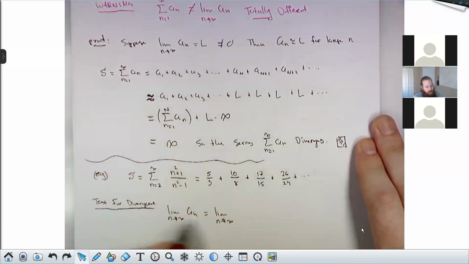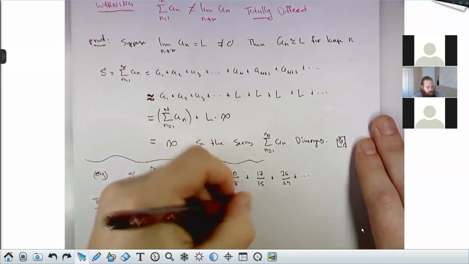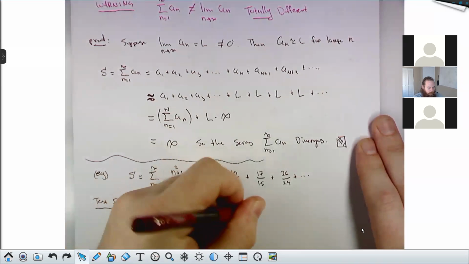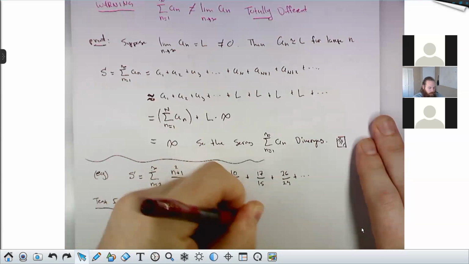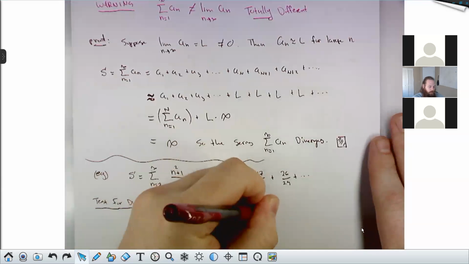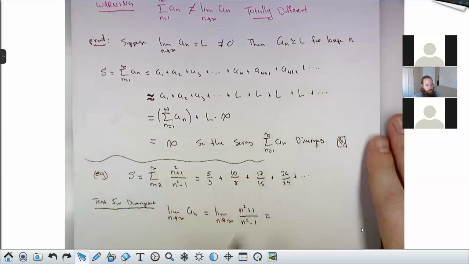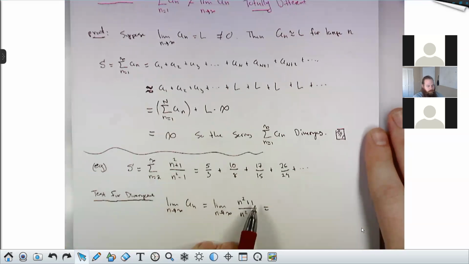Well, here the limit as n goes to infinity of the ANs is the limit as n goes to infinity of n squared plus 1 over n squared minus 1. That limit, if you renormalize, you'll see is 1.